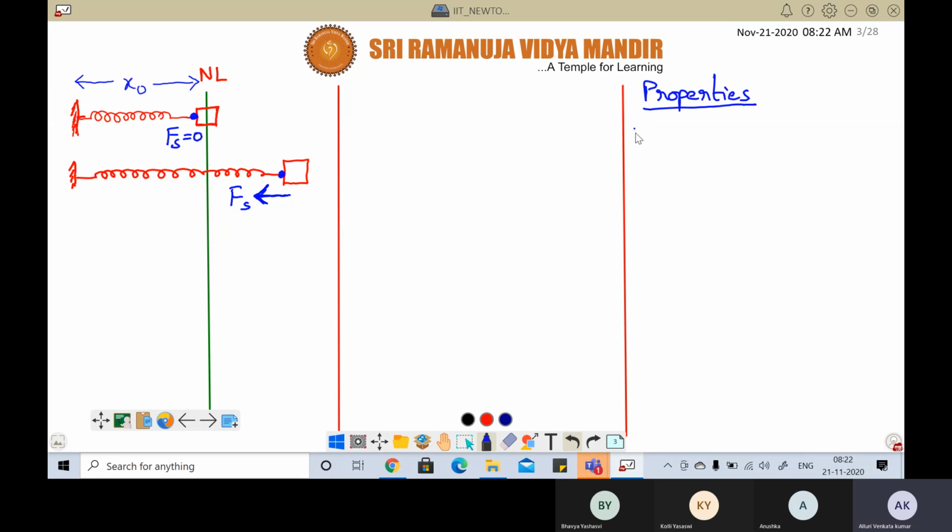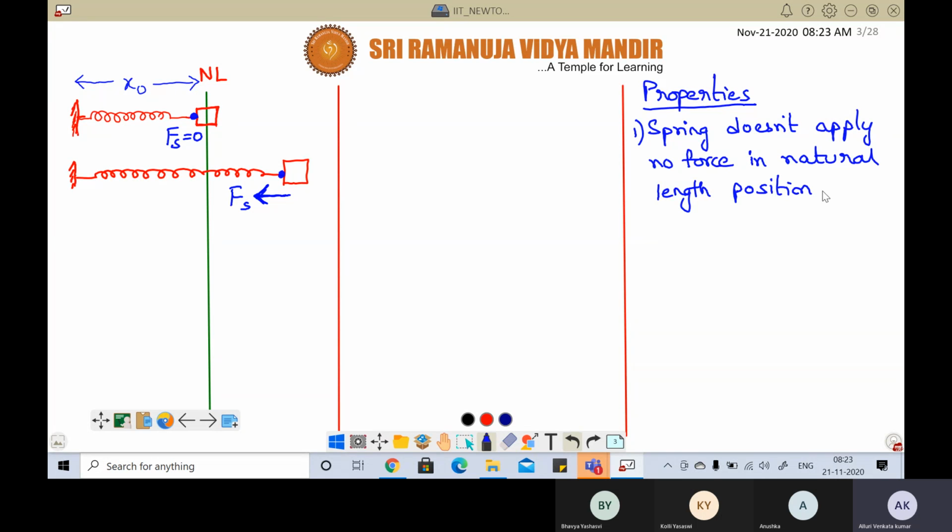When the spring is in natural length position, the spring applies no force. In which position? Natural length position.